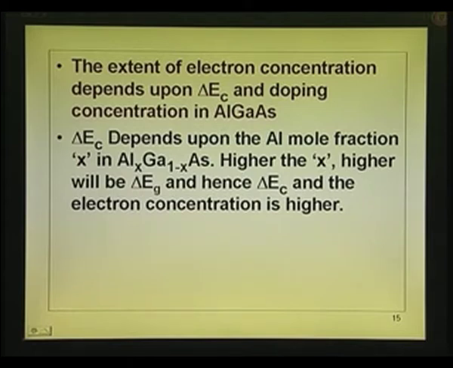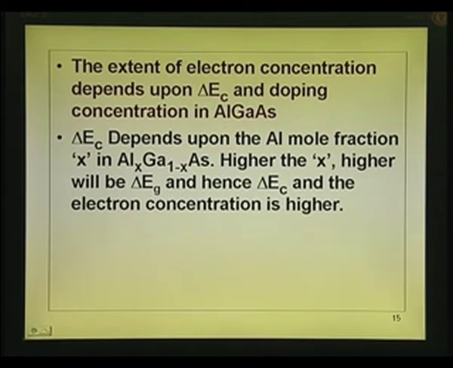And delta Ec depends upon x, that is the mole fraction. Higher the x, higher will be the delta Eg, and 0.64 times delta Eg is delta Ec. That is another aspect. So, we think we can confine as many electrons as we want till we go right up to x equal to 1, putting aluminum arsenide instead of aluminum gallium arsenide.